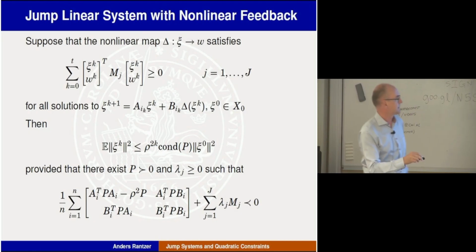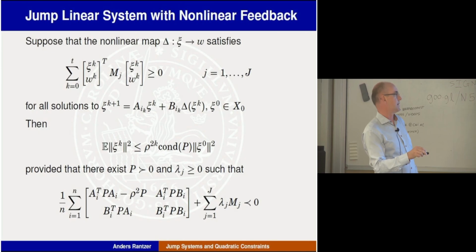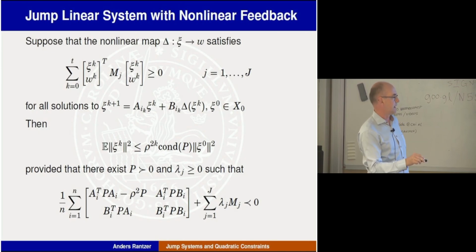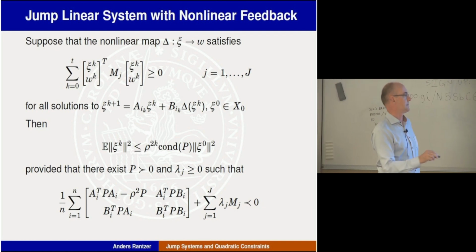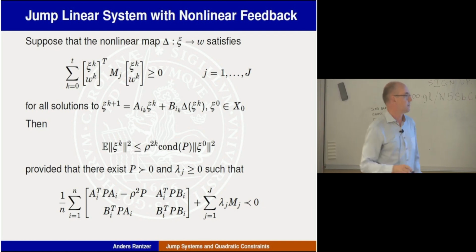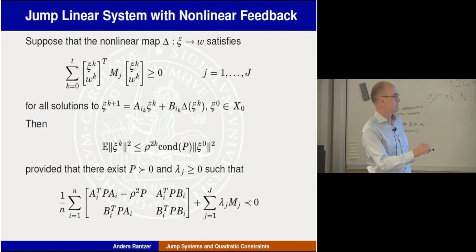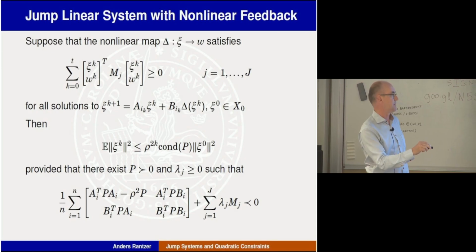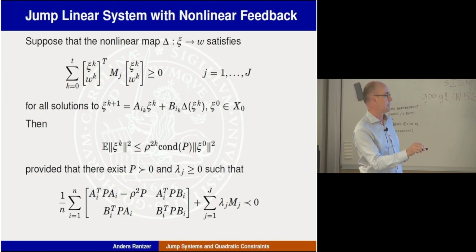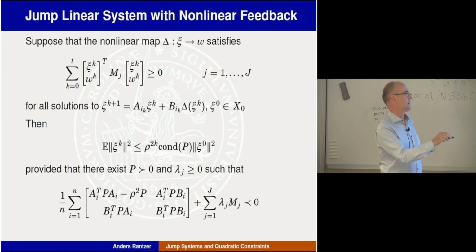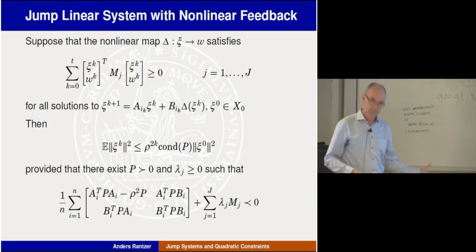So the statement is that if given the A and B matrices and given the quadratic inequality specified by M, if we can solve this linear matrix inequality for a positive definite matrix P and some non-negative variables lambda for some specified rho, then we have proved the convergence rate of rho.